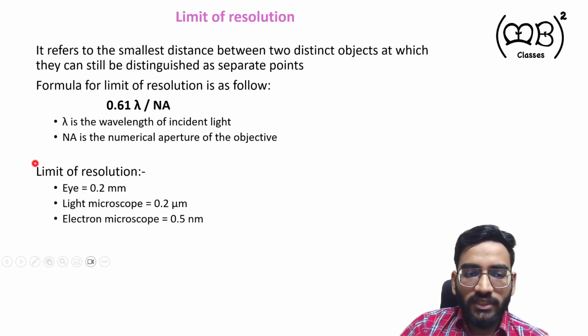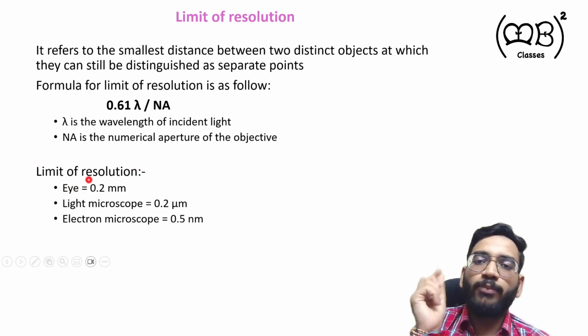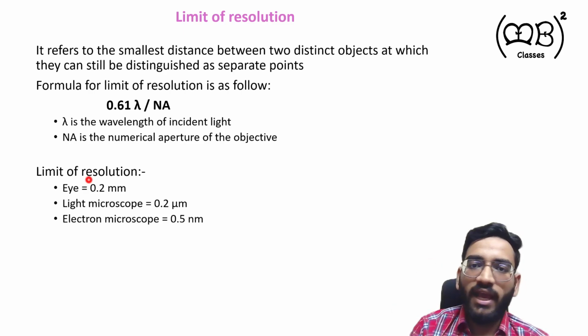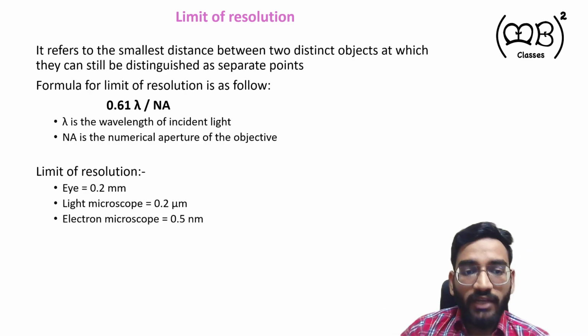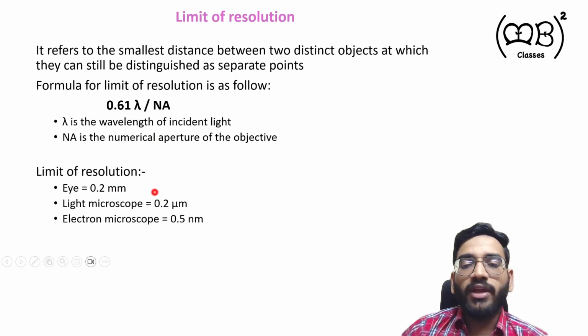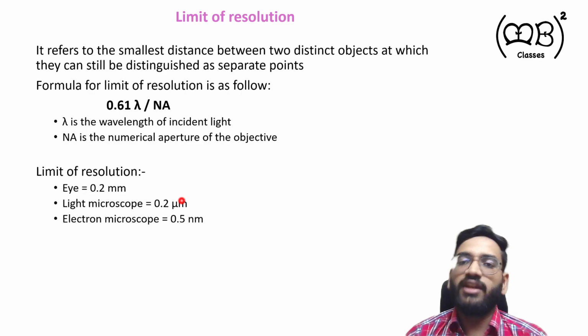The limit of resolution of our eye is 0.2 millimeter. If I put two points within 0.2 millimeters of distance, my eyes can discriminate them as two separate points. With light microscopy, that limit of resolution improves to 0.2 micrometer.